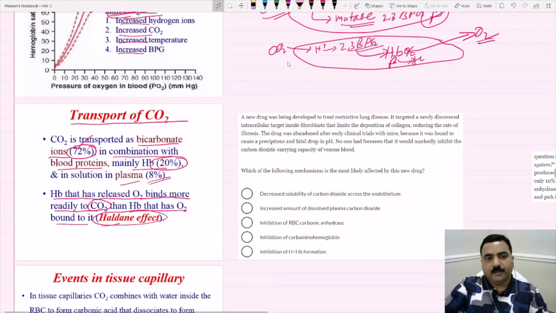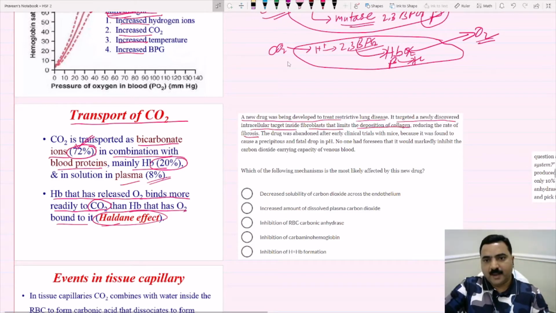In order to understand this important factor, how the carbon dioxide is transported, let's discuss this question. A new drug was being developed to treat restrictive lung disease. It targeted a newly discovered intracellular target inside the fibroblast that limits the deposition of collagen, reducing the rate of fibrosis.